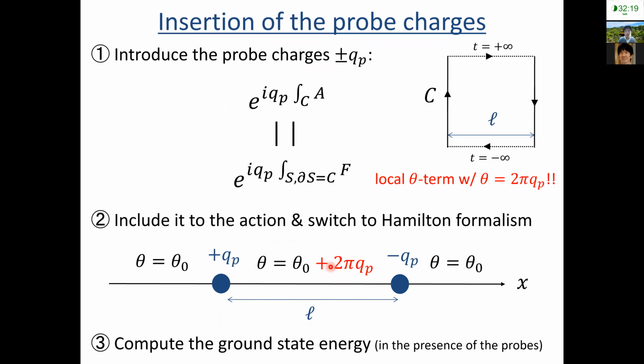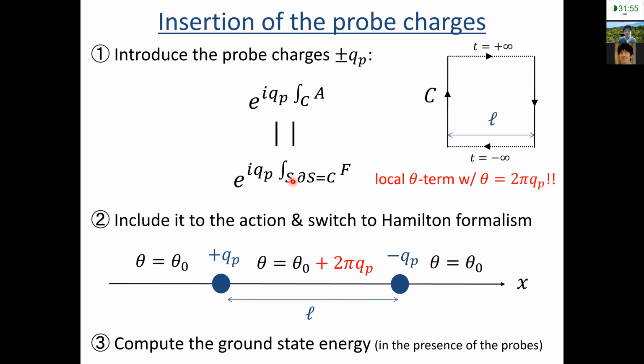Next, I'd like to insert the probe charges. Normally in the Lagrangian formalism, a probe charge is introduced by inserting a long rectangular Wilson loop. This is the Wilson loop. If we use Stokes theorem, we can rewrite the Wilson loop by using the field strength.